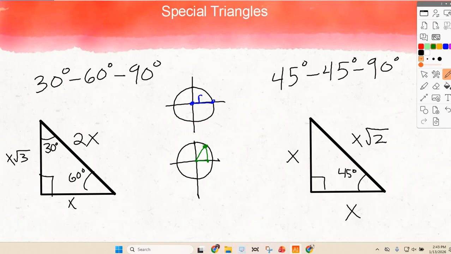So we are going to say that our hypotenuse, or in other words, the radius of our circle, is going to be 1. Okay with that? Which is why it's called the unit circle, because it's a unit of 1. So that's where we get that name from.